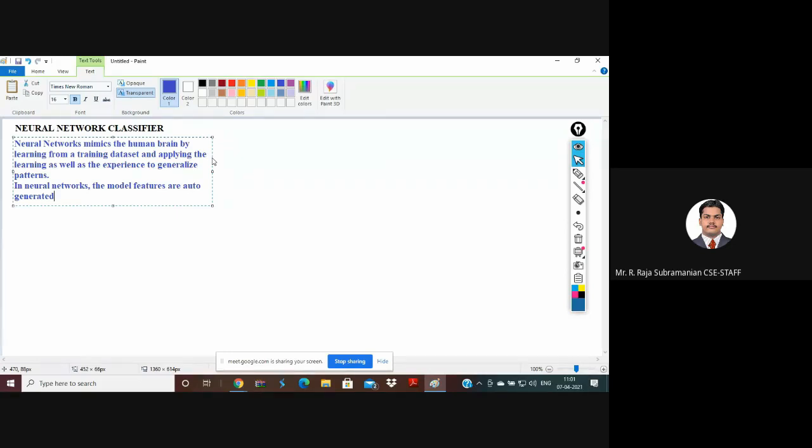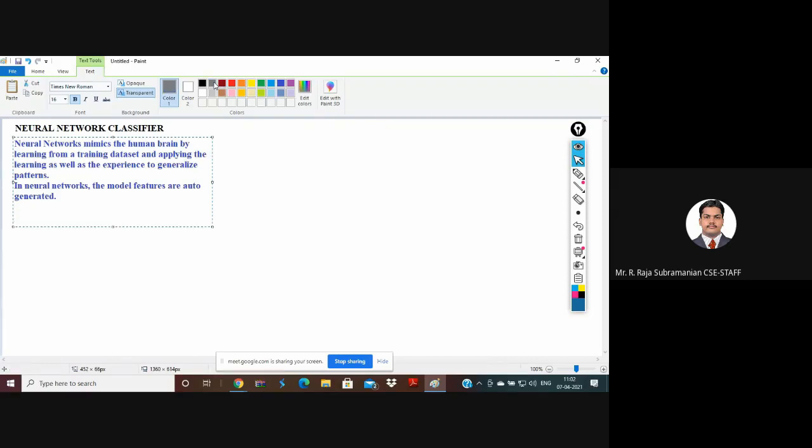But in neural networks or deep learning, I cannot reason that this particular object is classified as a male or a female object because of this feature, because the feature is hidden from me, right? So we can call that both an advantage as well as a disadvantage.